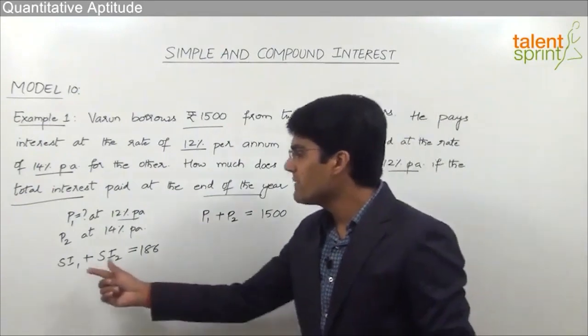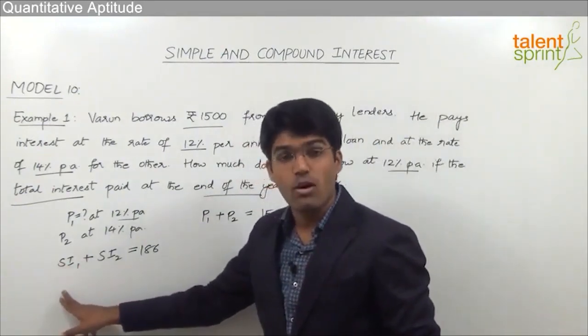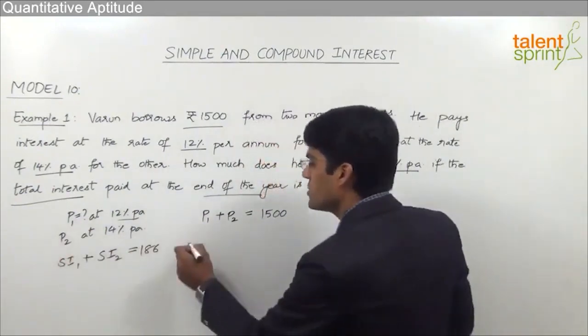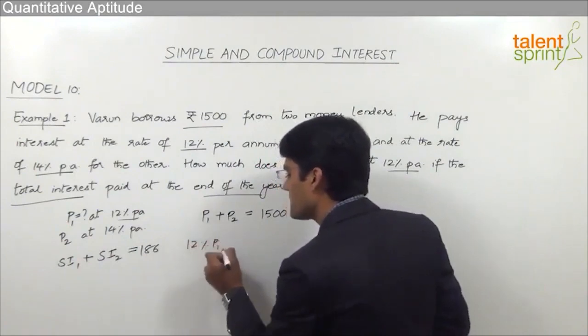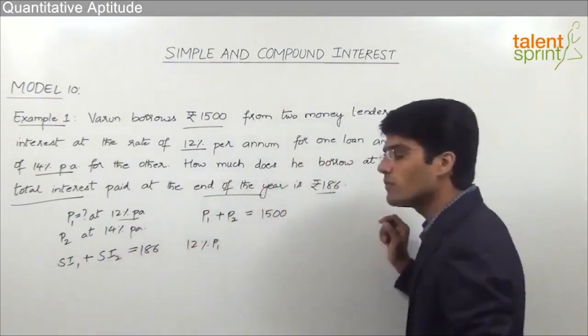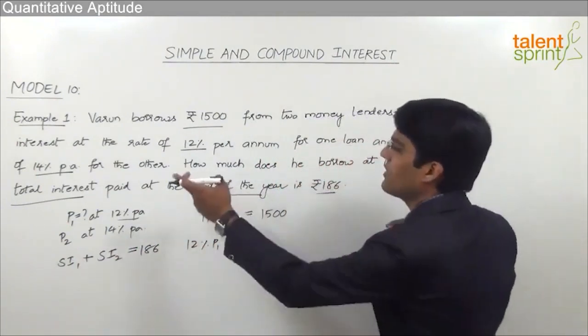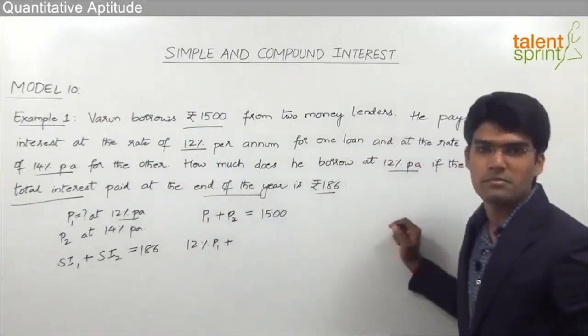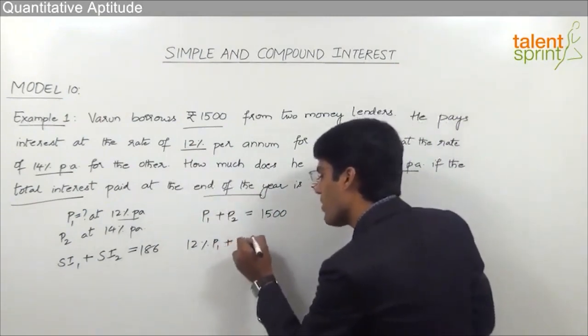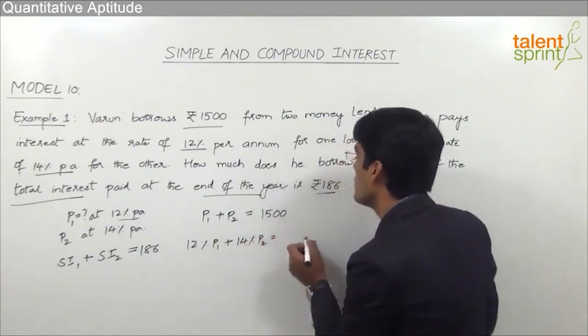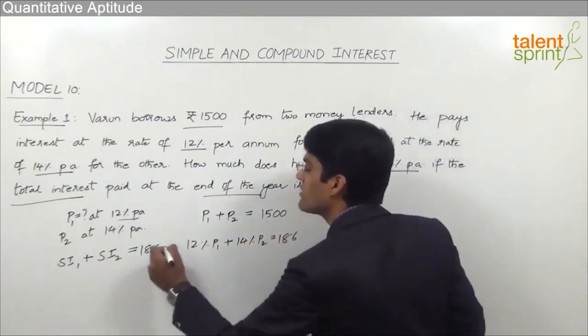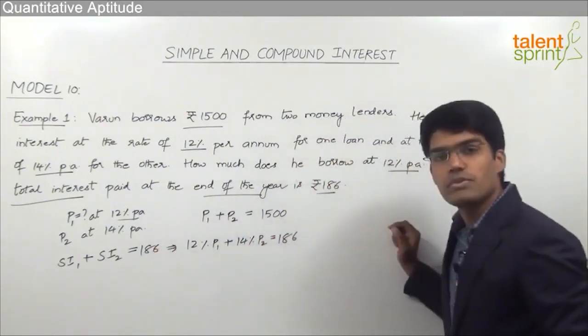So the simple interest that we get would be 12% of P1, and the simple interest from second one would be 14% of P2, because the second amount has been borrowed at 14%. So 12% of P1 + 14% of P2 is equal to 186 rupees. So this is what we can understand from the second equation.